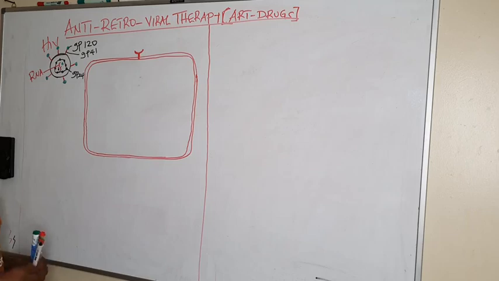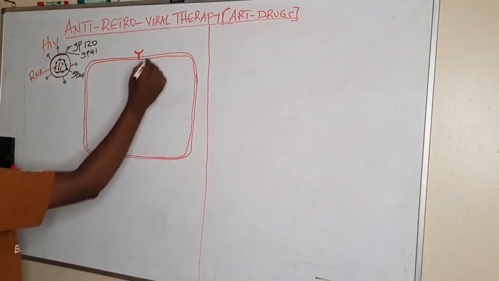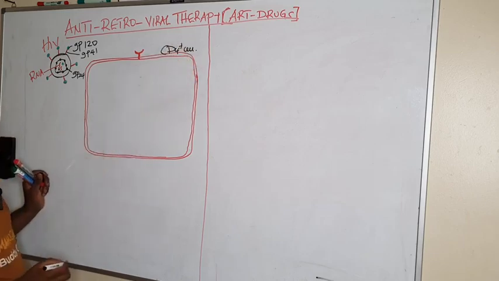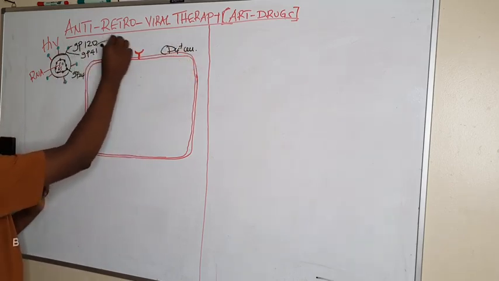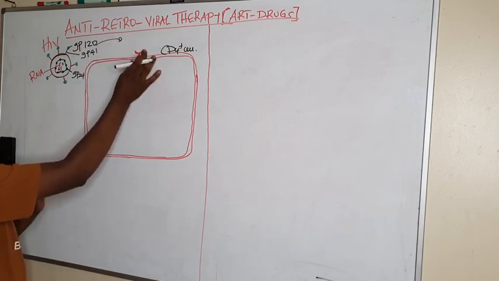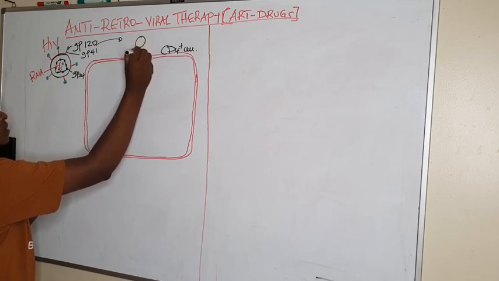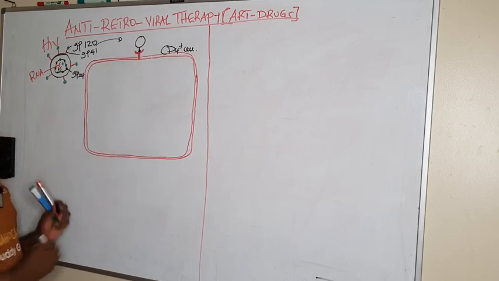So we're going to see this HIV virus. How does it enter into host CD4 cell? So this is a CD4 positive cell. And when this virus comes, it attaches on the receptor using its spike, whereby we have seen it attaches using glycoprotein 120.